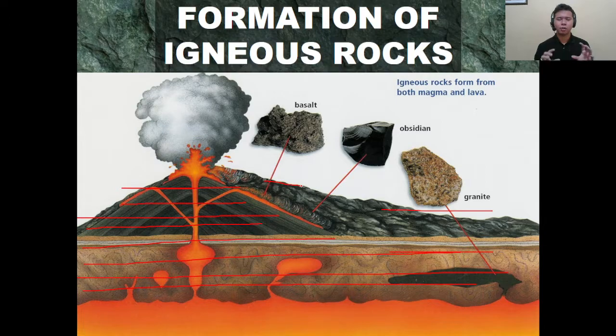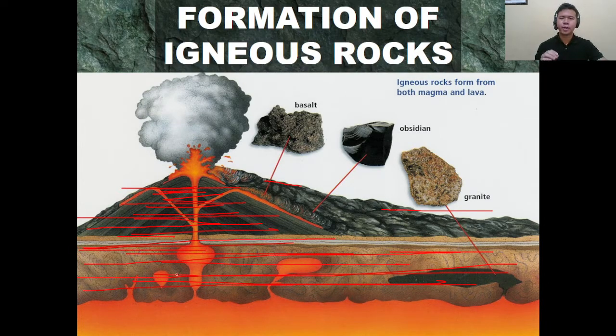Okay, so those are the differences between extrusive igneous rock and intrusive igneous rock. For the intrusive igneous rock, they cool on the inside, below the Earth's crust, usually here, inside the volcano or inside the crust.